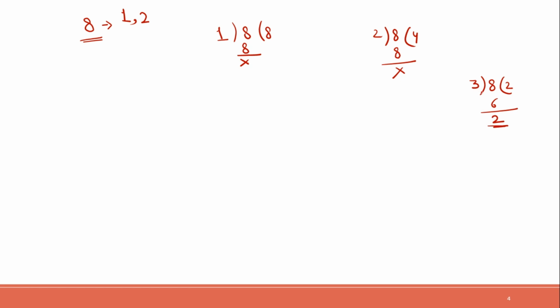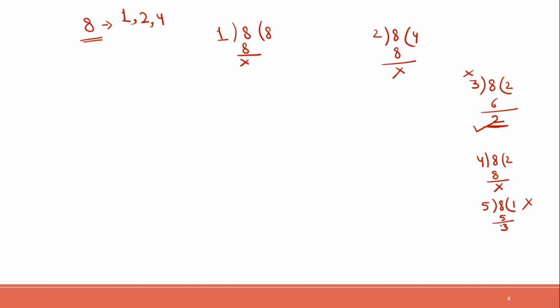So will this 3 be a factor of 8? No, it is not a factor of 8 because here we are getting a remainder. Now come to 4. 4 into 2 is 8. No remainder. That means 4 is a factor. Come to 5. 5 into 1 is 5. Remainder 3.